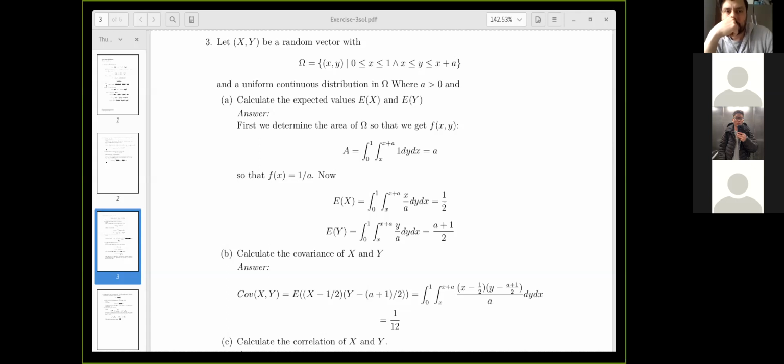That is true. But if I do the integral over this, I'd have to... yes, that's a little bit... yeah, that's true. But where do you get fx, which is the density function of x?